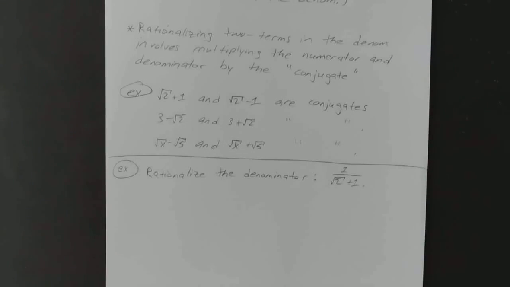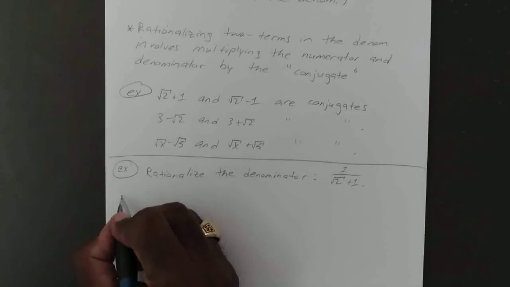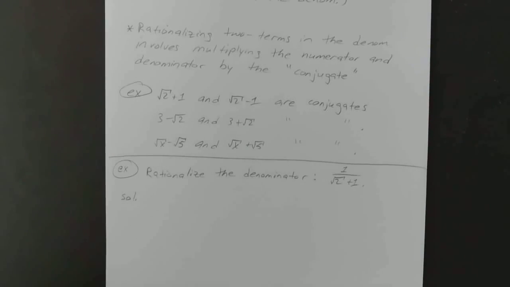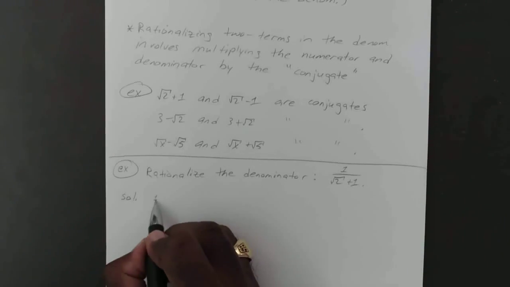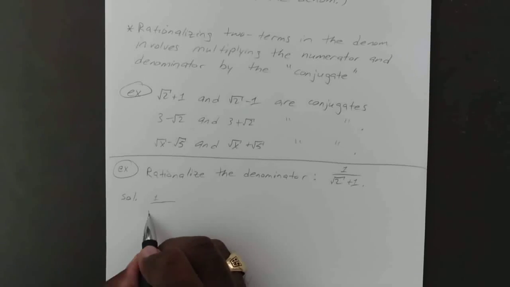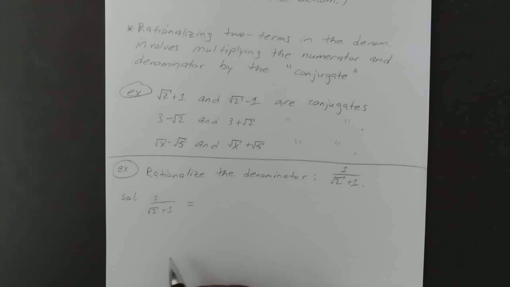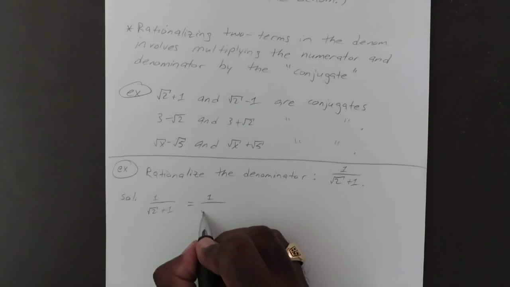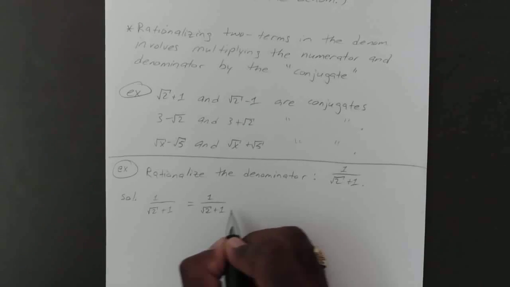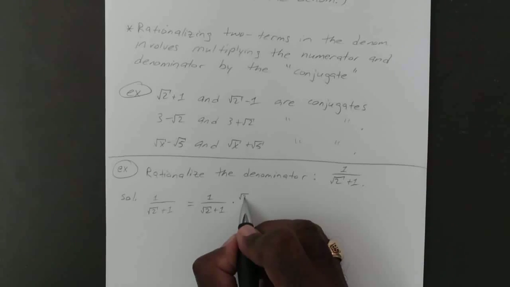Really you just multiply both by the conjugate. So you have 1 over square root of 2 plus 1. That's just going to equal 1 over square root of 2 plus 1 times square root of 2 minus 1 over square root of 2 minus 1.